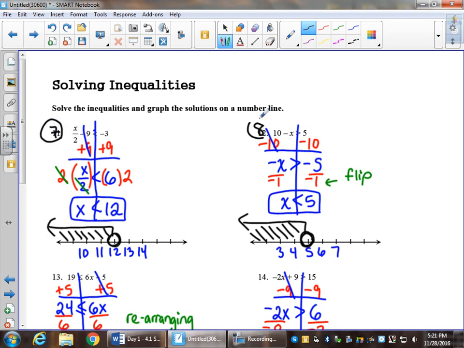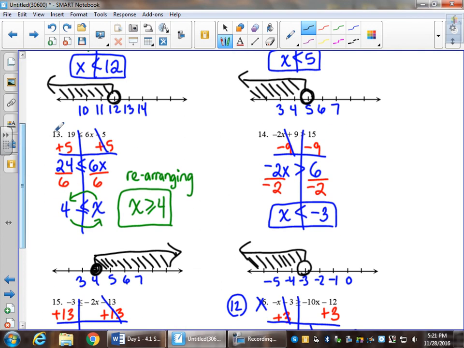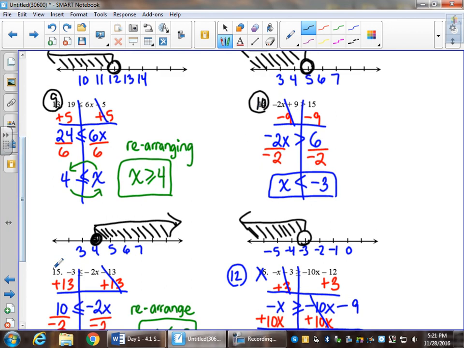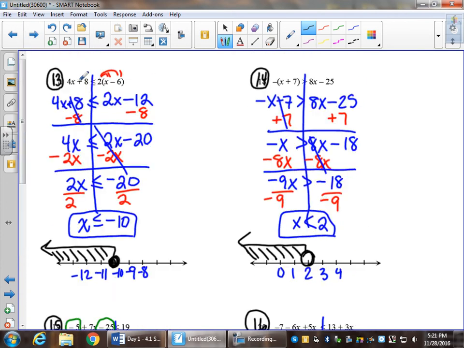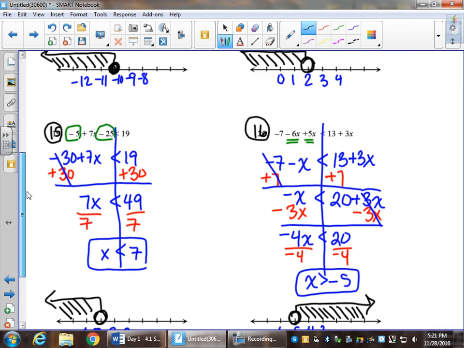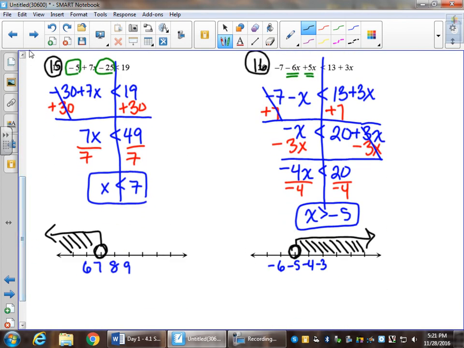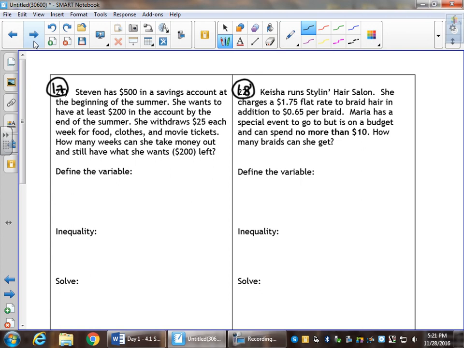This is 8. 9, 10, 11, 12. Okay, so this page should have 7 through 12. This page has 13 through 16. And now we're doing 17, 18. Whew, okay.